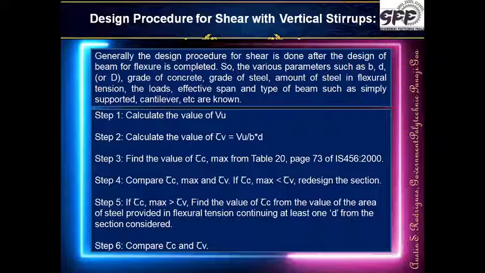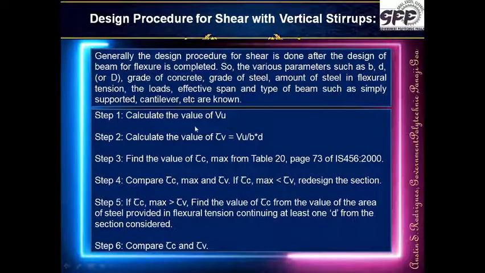Now in the design procedure for shear with vertical stirrups, the first step is to calculate the value of Vu, the ultimate shear force which is coming. As we have discussed, the shear force is maximum at the support, so we take the reaction directly and find Vu. If it is at any other place in the beam, you have to locate where it is, find the value of V, then get the value of Vu and then design accordingly.